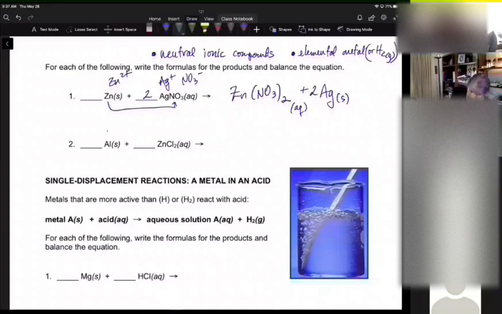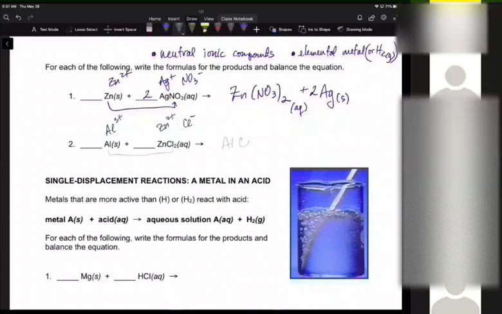Okay, same thing for this one. We'll use the charges to form neutral compounds. Use your solubility rules. And then we're going to need to balance it. I see that 2-3 mismatch happens, so we can quickly balance the chlorines, and the metals will fall out from there.